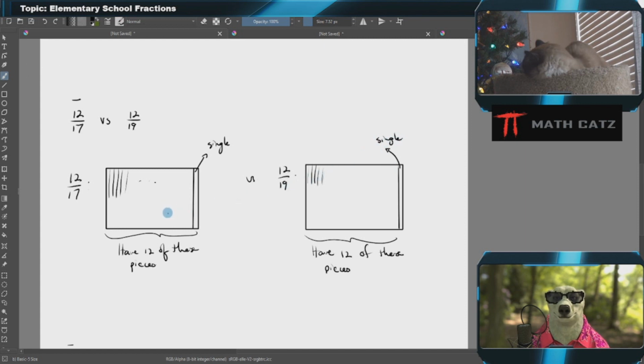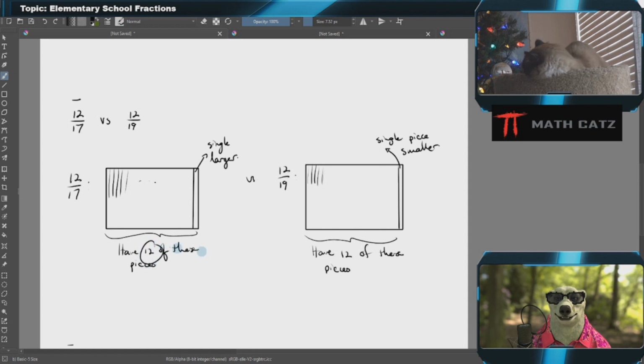The part of a whole concept means that I split this basic unit rectangle into 17 equal pieces, whereas the one on the right I split into 19 equal pieces. So a piece on the right is smaller than a single piece on the left.